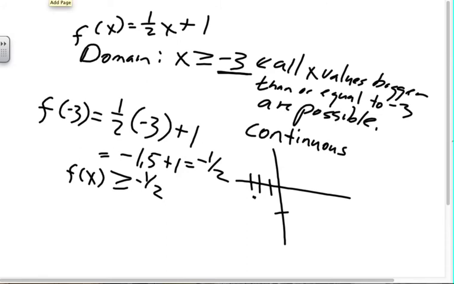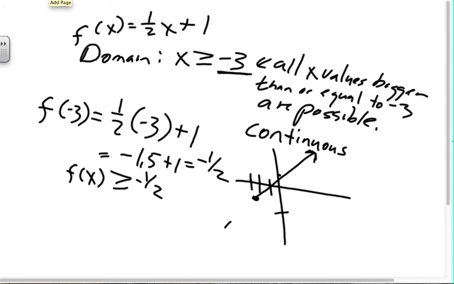Okay, I know I've got a slope, so I rise 1, run 2, I go through 1. So there is my function. You notice it doesn't go down over here because it's not defined down there.